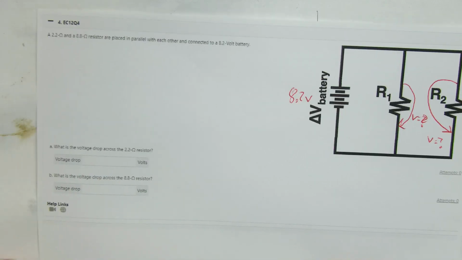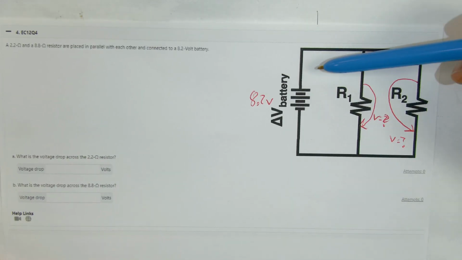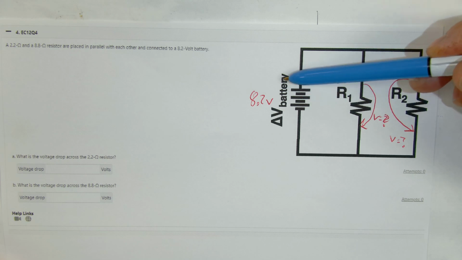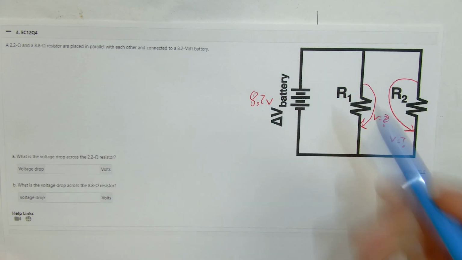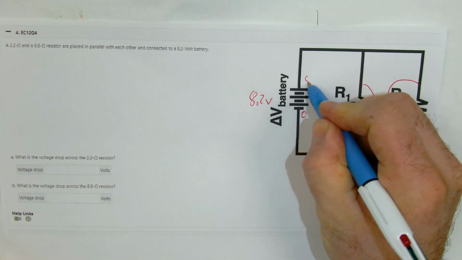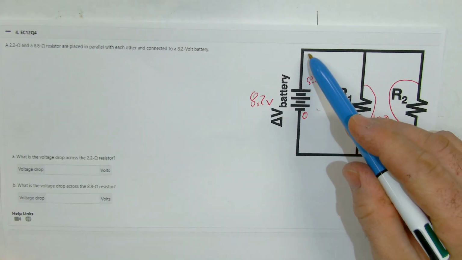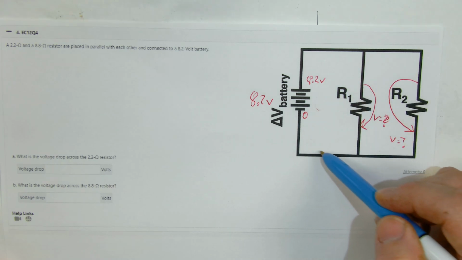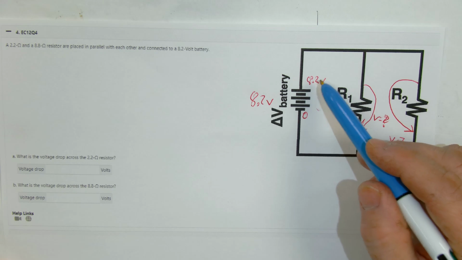This is actually where we need to go back to our circuit theory and think about Kirchhoff's loop rule, where whatever the battery does, and in this case it's raising voltage from 0 down here to 8.2 volts here, that 8.2 volts, as it travels in a path back around to 0, has to all get subtracted away.